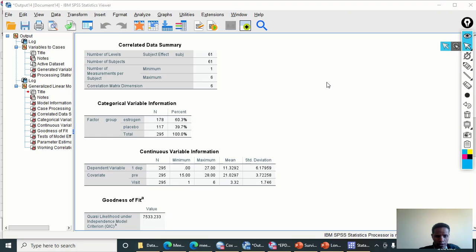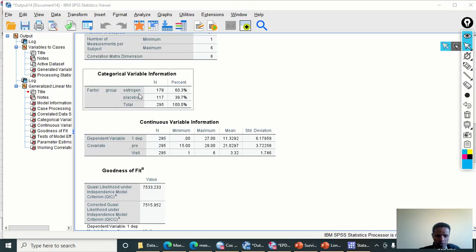Okay, correlated data summary: the minimum and the maximum number of measurements per subject, it will tell us over here. Categorical variable information, especially the group membership, the estrogen treatment group and the placebo group, the number of individuals with their percentage.